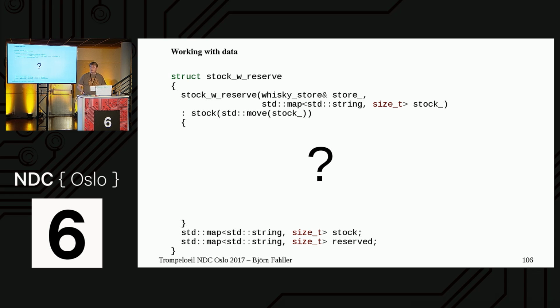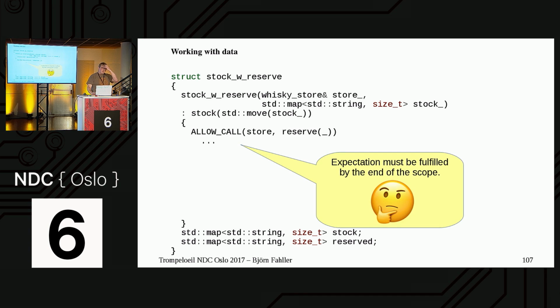So how do we do that? I can have a stock with reserved type that takes a mock store, and a stock, and has these maps. But how do we handle the expectations? Allow call is no good, because it must be fulfilled by the end of the scope, and that is when the constructor runs out.